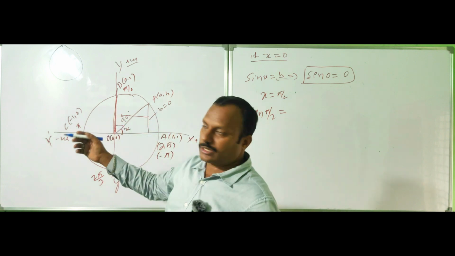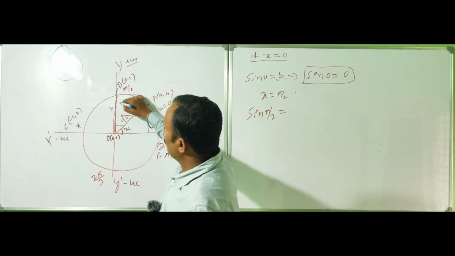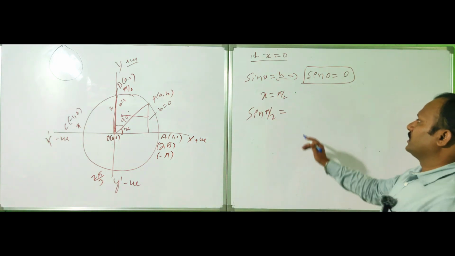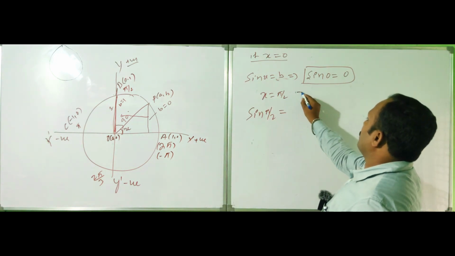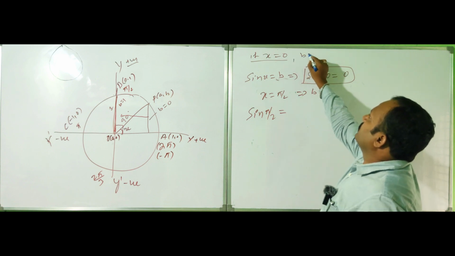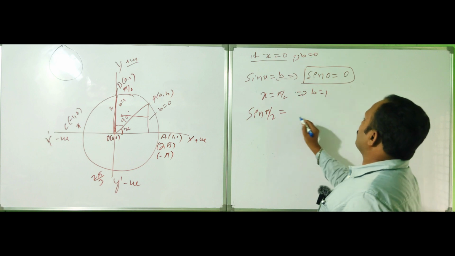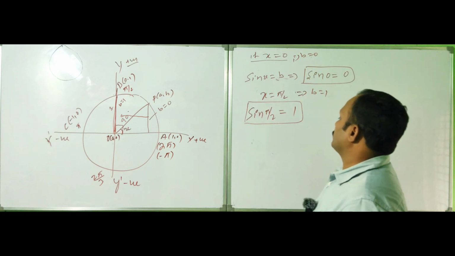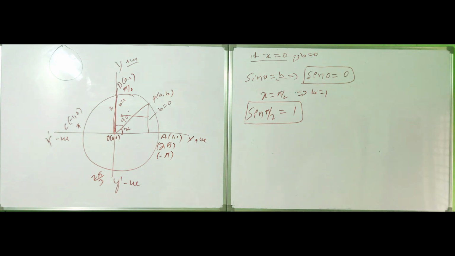Since it's a unit circle, this becomes 1. So b becomes 1 here. Therefore b is equal to 1. Therefore, sin of pi by 2 is equal to 1.